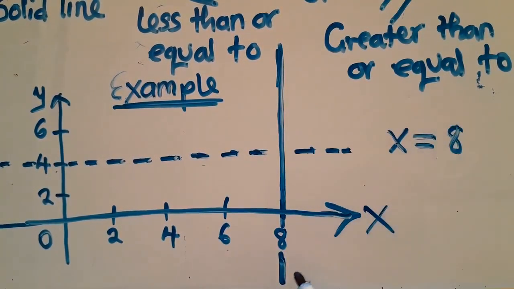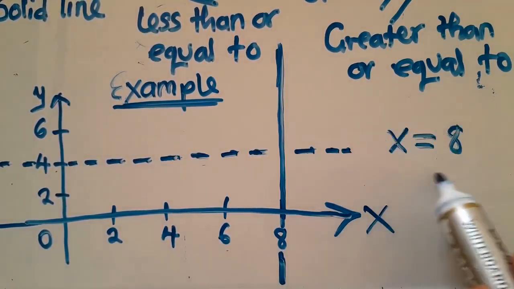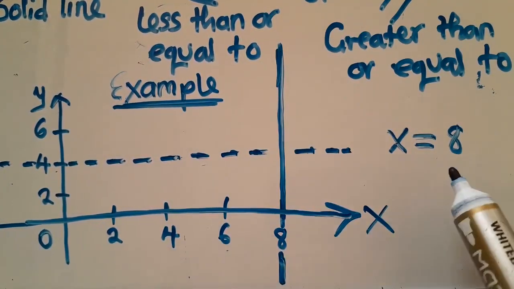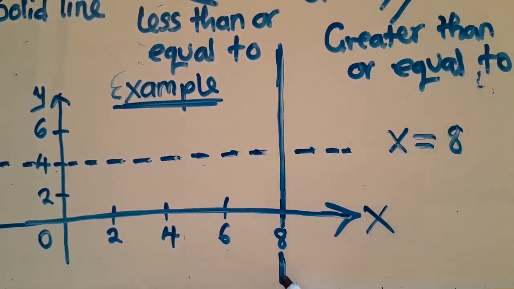It is passing through 8 on the x-axis. This thing which I've written here is the boundary line. So x is equal to 8. It is cutting the x-axis, like that.